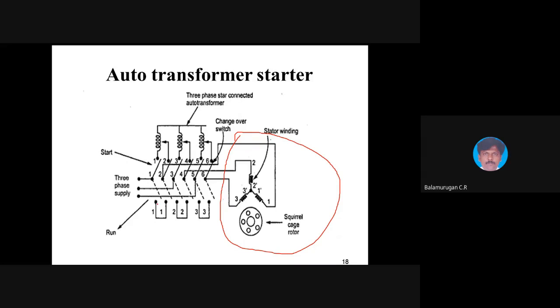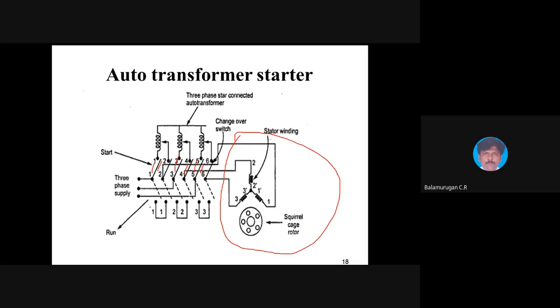This is the actual connection diagram. If the switch is towards the upper side, 1 1, 2 2, 3 3, 4 4, 5 5 and 6 are connected, so this is the start position. If you change the switch from upper to lower side, we call this the run position.